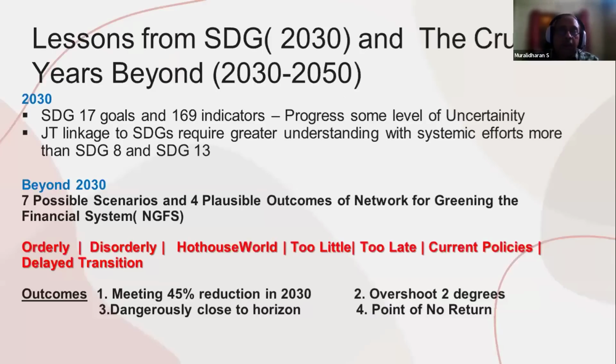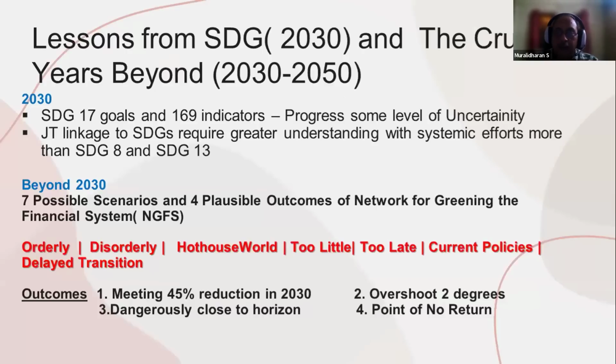So we are at the crossroads when we look at it. When the MDGs, Millennium Development Goals, were there in 2000, the United Nations came up with a 30-year program as SDGs, with 169 indicators and 17 goals.